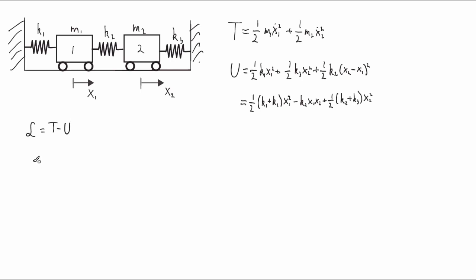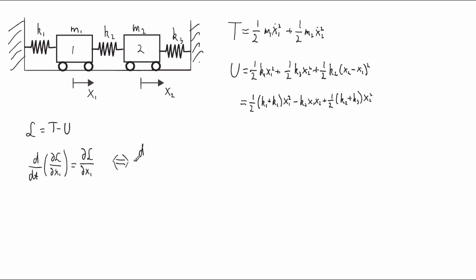And the Lagrange equations, of which there will be 2 here, because we have 2 coordinates, x1 and x2, look like this. And since the Lagrangian depends on T minus U, T is the only quantity that depends on x1 dot and x2 dot, and U is the only one that depends on x1 and x2 without the dots.